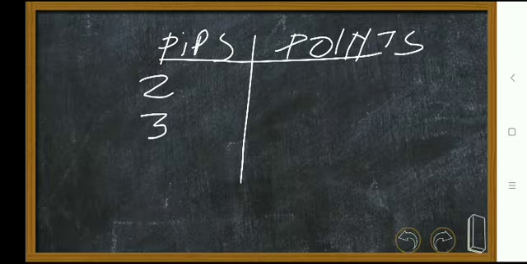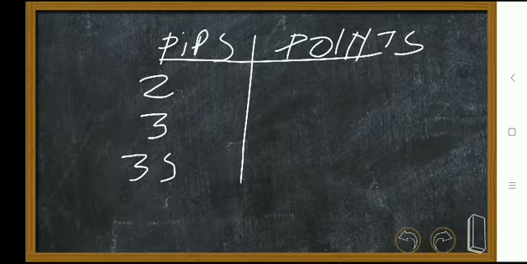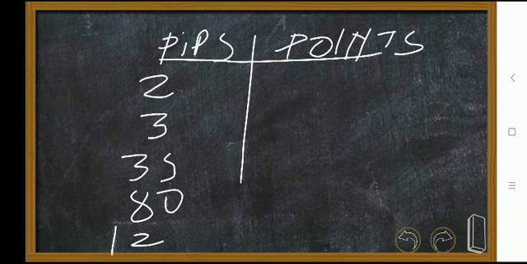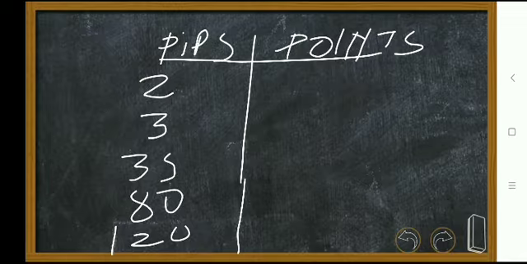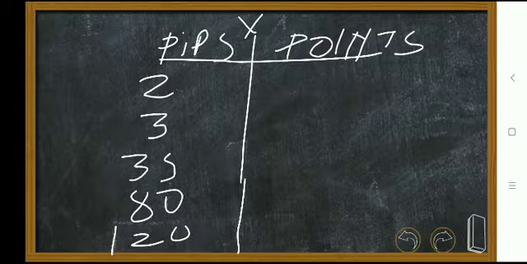You can already figure out the points. So we have 35. Say we have 80. Let's say we have 128. So it's quite simple. All you do is just multiply. Remember, multiply by 10. Sorry for that. All you do is multiply by 10 to get the point.